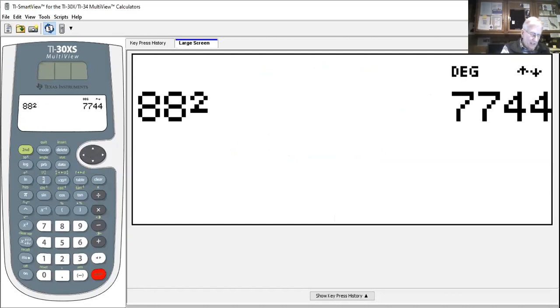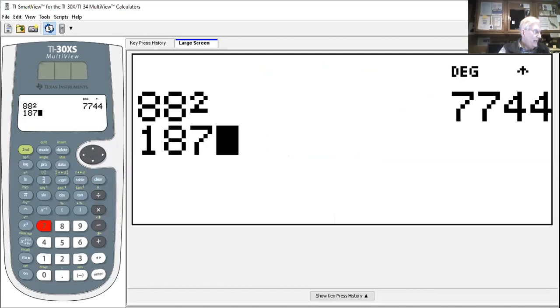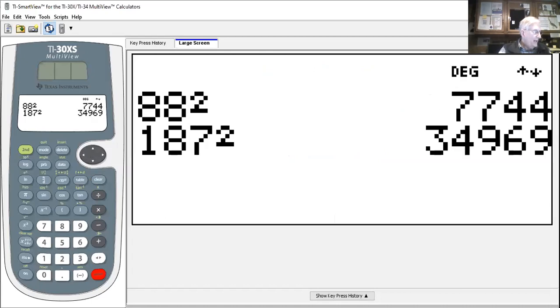So write that down, please, under the 88 squared. I'm now going to do 187, and I'm going to square that. So I do x squared and hit enter, and I get 34,969.